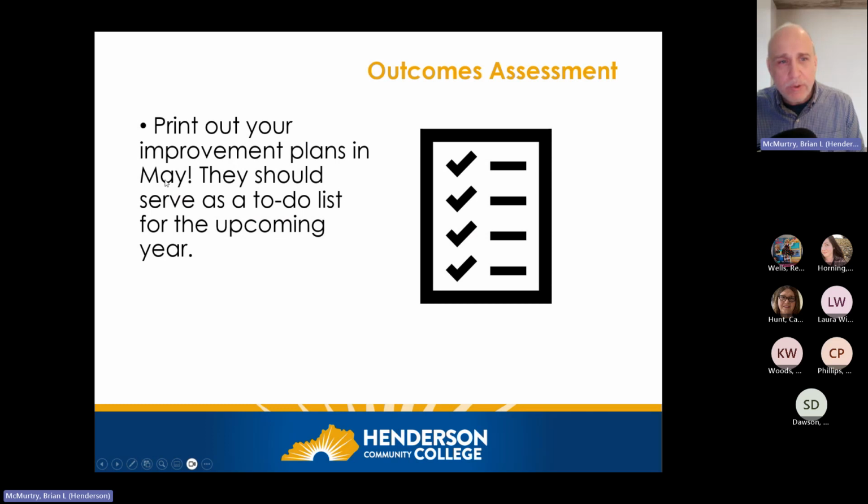Do it in May whenever you're doing these assessments, because over the summer you're going to go somewhere else, you're going to hang out, you're going to go to someplace exotic, or you're going to be crafting in your attic like Becky, and then you're going to probably forget what you are going to do in the next academic year. So I would encourage you, just print them out, or make some sort of checklist, because really they should serve as your to-do list for that upcoming next year.